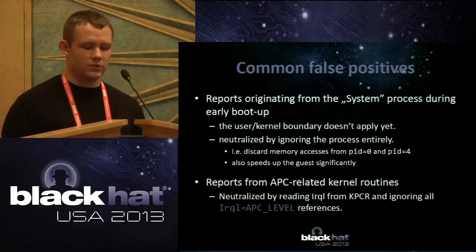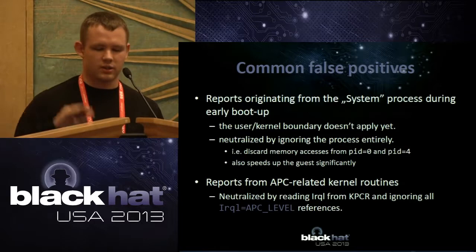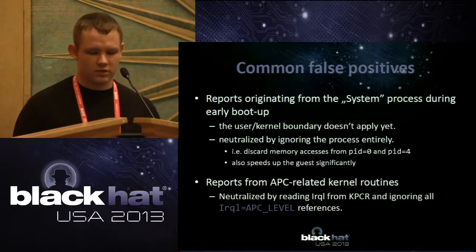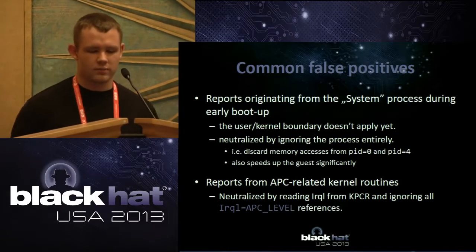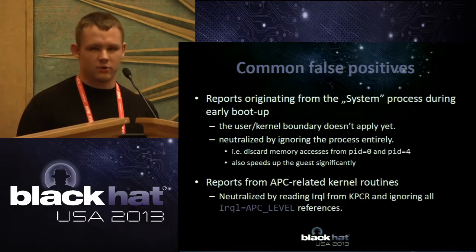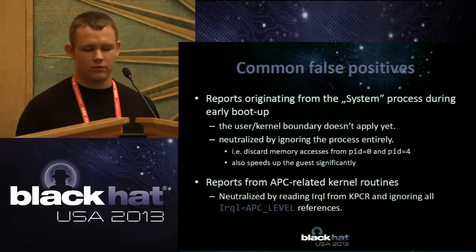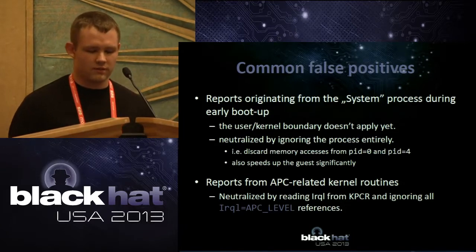At this time, during very early boot up, there is no user kernel boundary yet. So we ended up with lots of false positives because of this. And we could easily discard all of these false positives by just ignoring all reports that were coming from process ID equals 0 or 4, which is this specific System process.